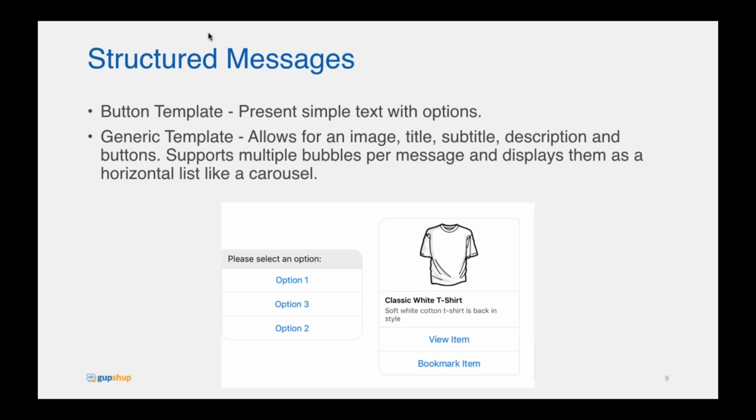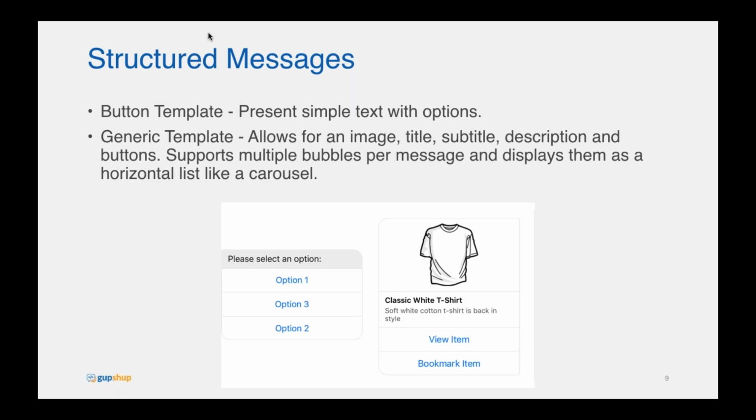Now, the deal with structured messages is essentially for Facebook to have some sort of control over what the user does. For instance, if someone was looking for a classic white T-shirt, you would be giving your users a lot of independence to type out, I need a classic white T-shirt. And it might not necessarily be the smartest thing to do in terms of processing that text and trying to figure out what the user really wants.